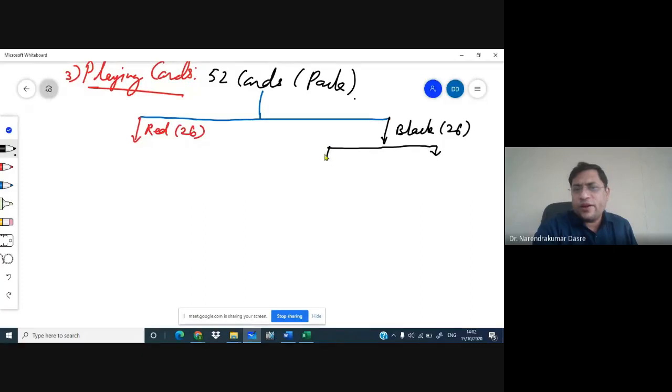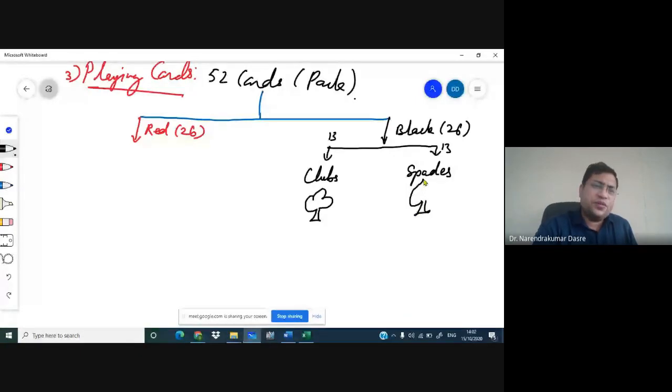In black we have 13 here. So what are the cards we have? We have clubs and spades. We can see the clubs like this, and spades like this. Then in the red cards, we have two sets of 13.